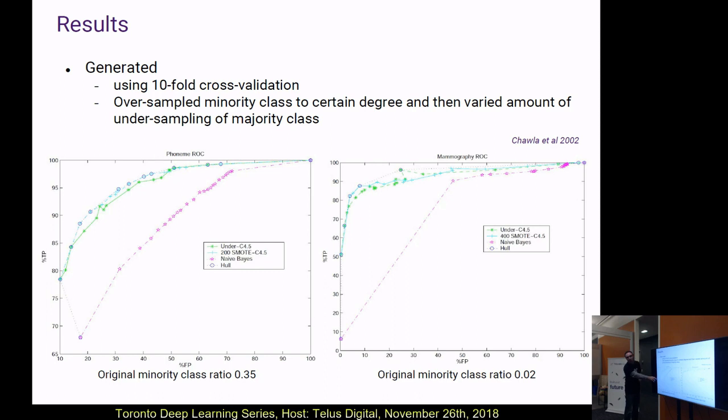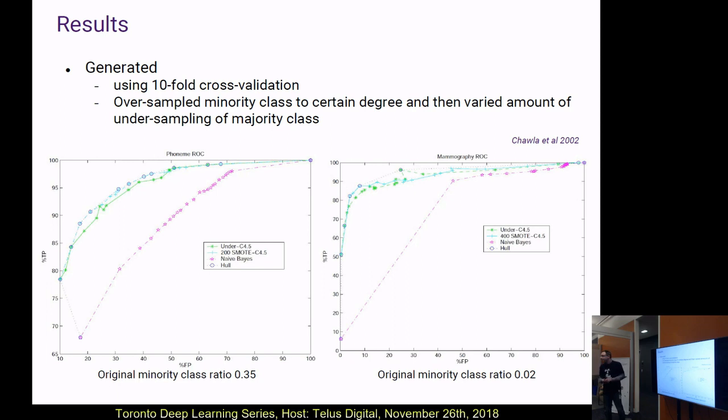You might get an 80% true positive rate and a 10% false positive rate, which is good, but as you slowly start increasing your true positive rate, you're also increasing your false positive rate. That means you're predicting more and more of your majority class incorrectly.